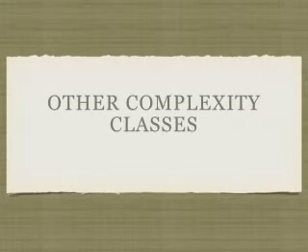The following chain of inclusions summarizes the weak containment relations we mentioned in this chapter. L is a subset of NL, which is a subset of P, which is a subset of NP, which is a subset of PSPACE. What is amazing about this chain of inclusions is that none of the inclusions is known to be strict.